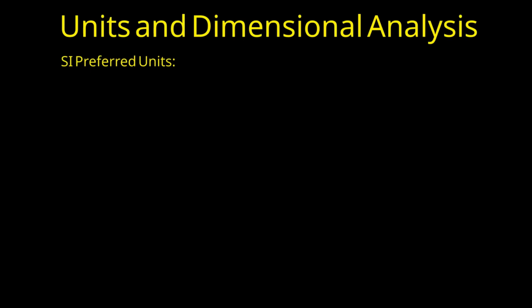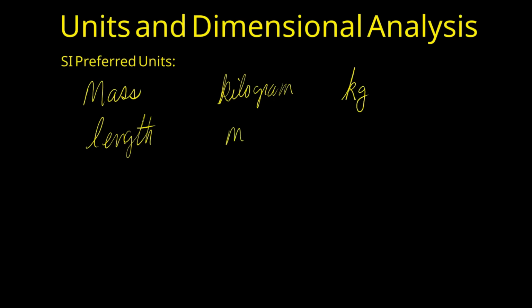So the SI preferred units, for example, the mass is measured in kilograms. And a kilogram has an abbreviation kg. Length is measured in meters, and we use a lowercase m. Time is measured in seconds.